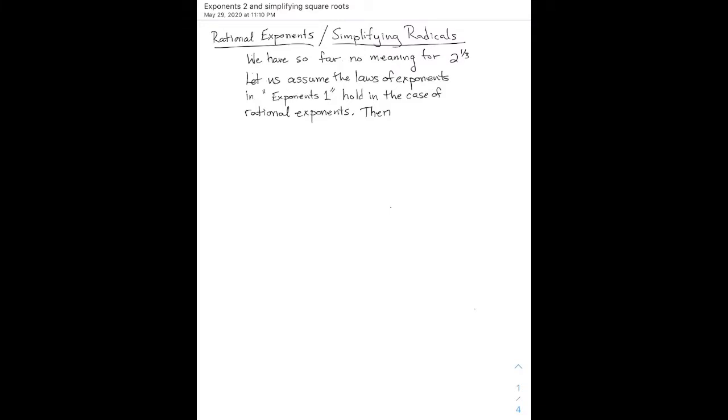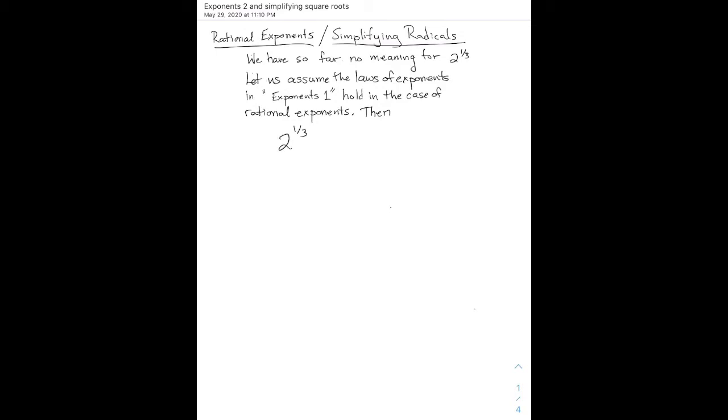Now we're going to talk about rational exponents and also simplifying radicals. Just like we had to define the 0 exponent and the negative integer exponents, we need to also find out what happens when you have a rational exponent.